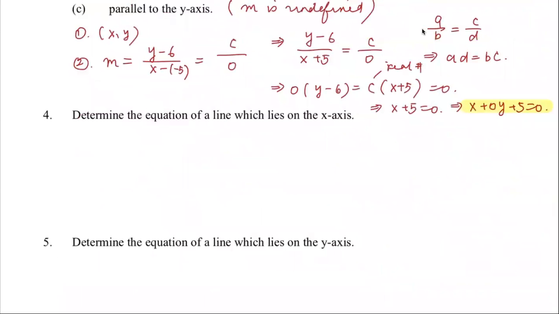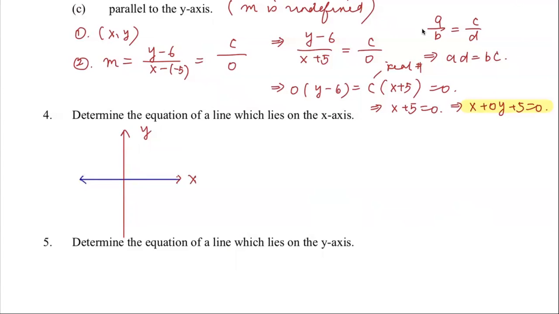Question 4, determine the equation of a line which lies on the x-axis. Lies on the x-axis. Oh, okay. Let me show you what that means. So we have x and y, right? And the question is asking us to find the equation of the line that lies on the x-axis.